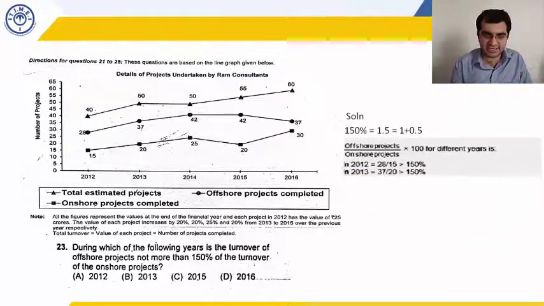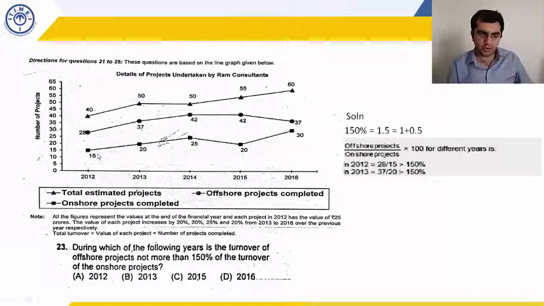Now, let's take the onshore projects. In 2012, the onshore project is 15. So 15 into 1.5 becomes 15 plus half of 15, 15 plus 7.5, that's 22.5. So offshore is more than 150% of onshore. I took onshore, I did into 1.5 and then I compared it with offshore.